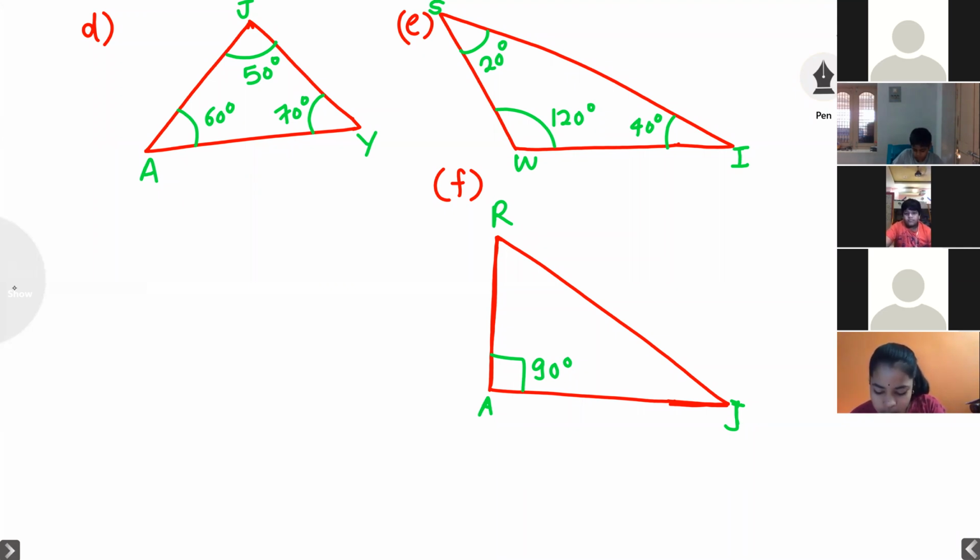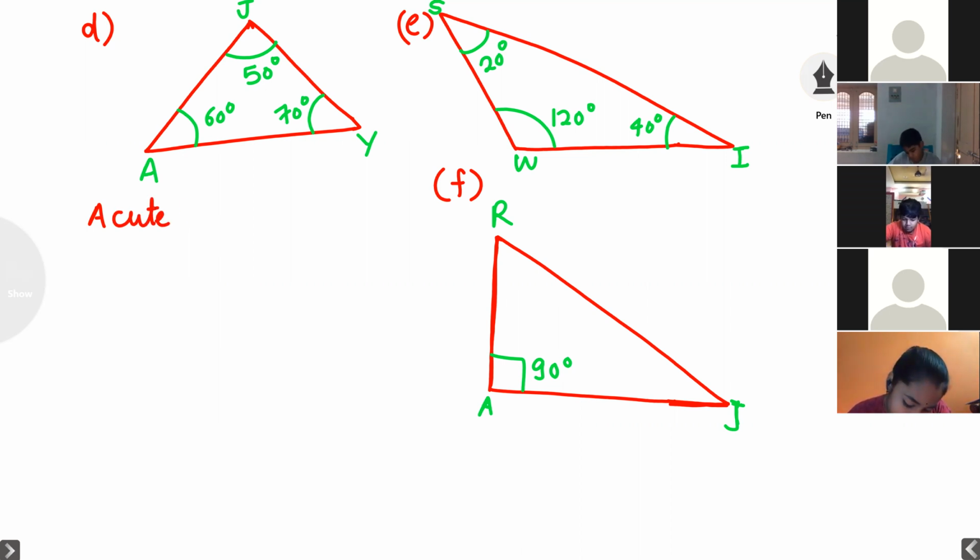Listen to my words, I have already explained the definition and concept in the regular classes, even though I'm revising. If at least one angle is greater than 90 degrees, that is called an obtuse angle triangle. And the third has a 90 degree angle, meaning a right angle triangle. The first is an acute angled triangle, or we can say acute triangle, both are the same.